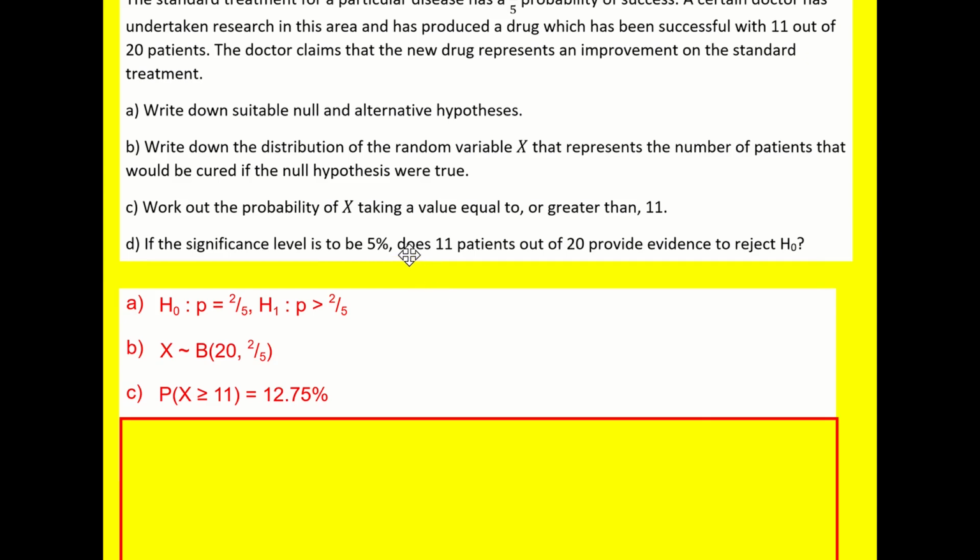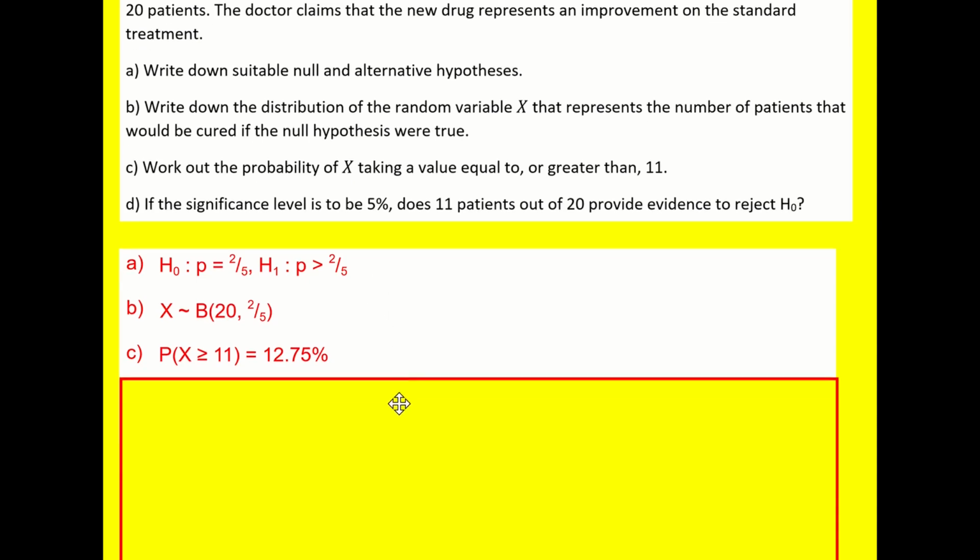All right, so if the significance level is to be 5%, does 11 patients out of 20 provide enough evidence to reject H0? And in this case, the answer is no. There's actually almost a 13% chance that this could have happened through natural variation just by luck. So it doesn't meet our demands.